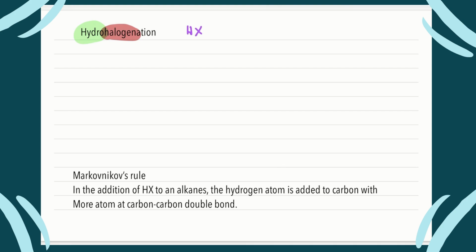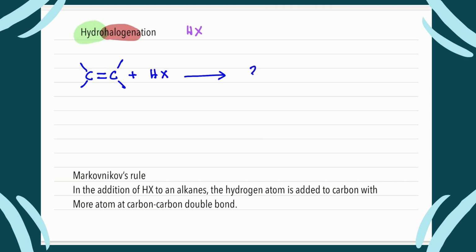So the general formula is, let's say we have an alkene that undergoes reaction with HX. Okay, so what is the expected product?